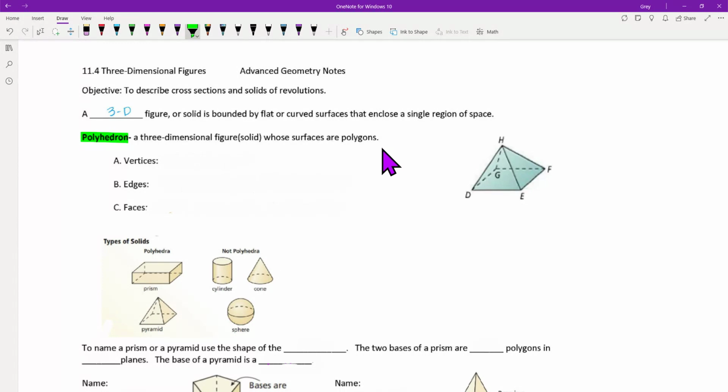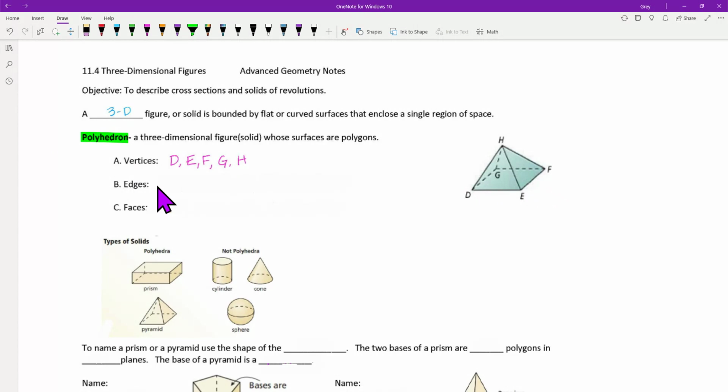So first off, we're going to make sure we know our vocab. A vertex, plural vertices, of our three-dimensional figure are any of the letters in that figure. So if you are asked to give them: D, E, F, G, H. Order does not matter when you're listing the vertices. An edge is any segment in our figure.